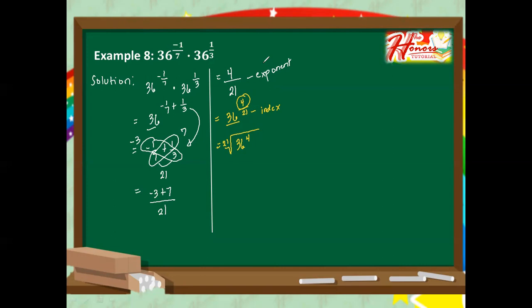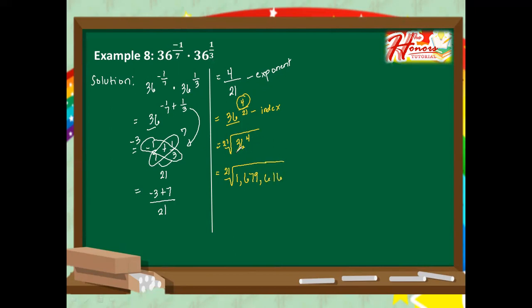So that is 36 raised to 4. So if we are going to simplify it, then it will become 21 root of 36 raised to 4. That's 36 times 36 times 36 times 36, and that is 1,679,616.